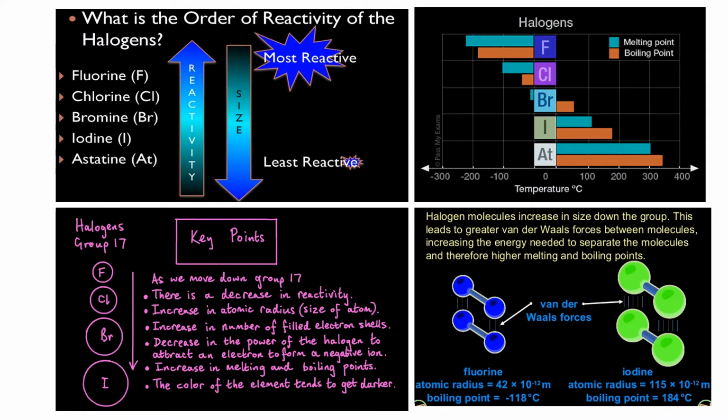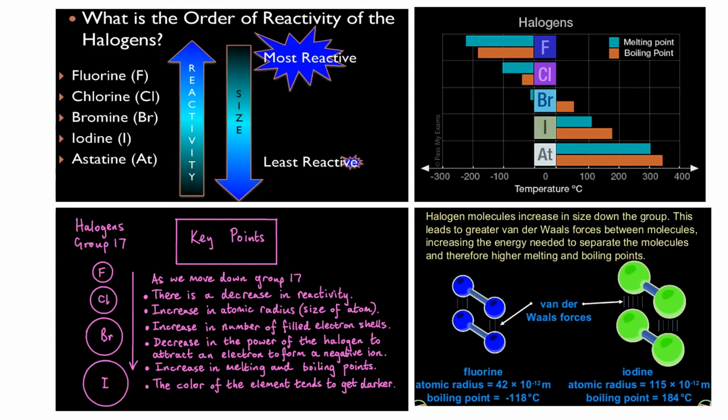It is the complete opposite of the group 1 elements, because for group 1, the single electron is much further away from the nucleus. But for group 7, because there are 7 electrons in the outer shell and it is almost completely full, those 7 electrons are pulled in towards the nucleus. So the reactivity will decrease down group 7.